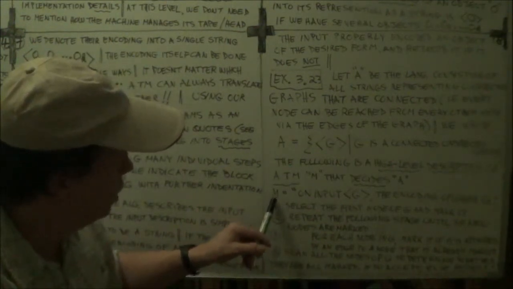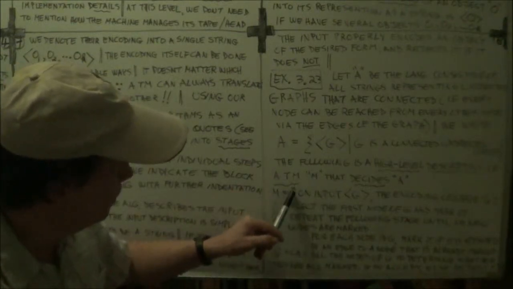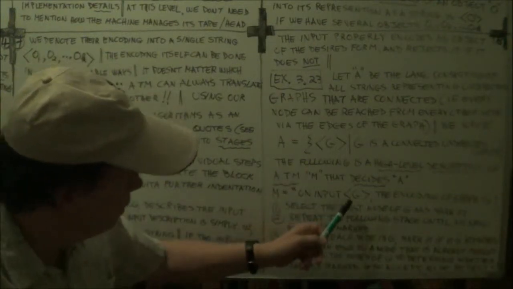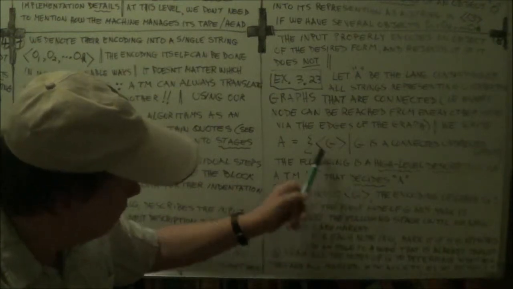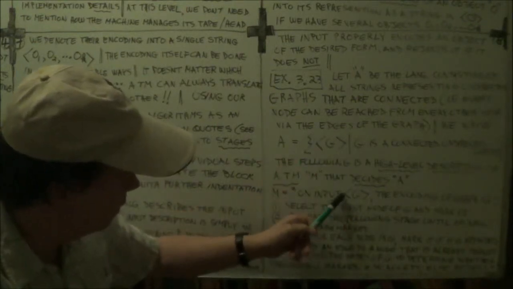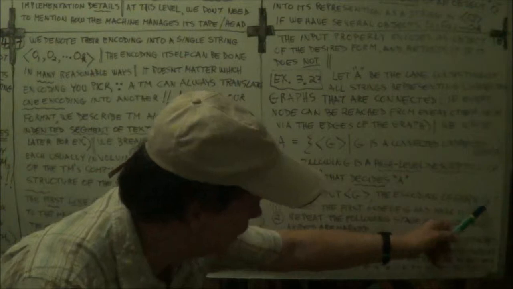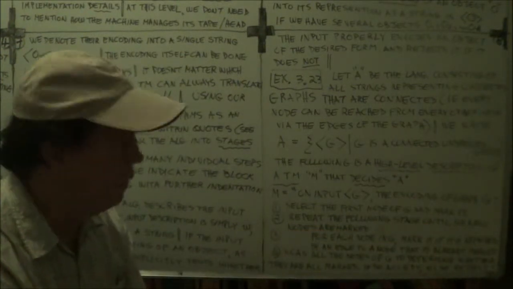So M equals, and then the first line is usually a description of the input string. So the input is angular brackets G, that's a member of your set A, of the language. In other words, that's the encoding of the graph G. So you put the information about your graph in encoded form, or the representation of your graph G. Same thing.